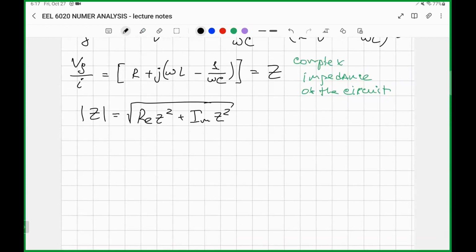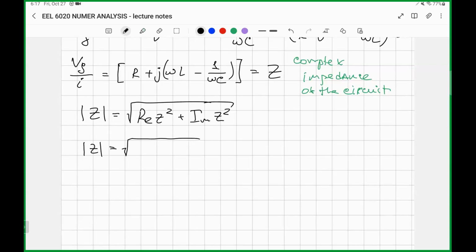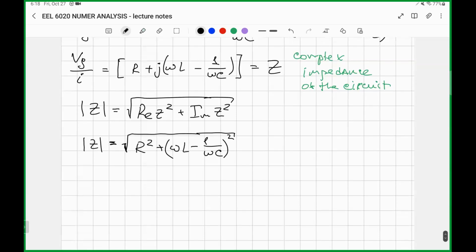So in our case, the absolute value of the complex impedance of the circuit is equal to the square root of R squared plus (ωL minus 1 over ωC) squared. Okay. The absolute value of the complex impedance of the circuit.